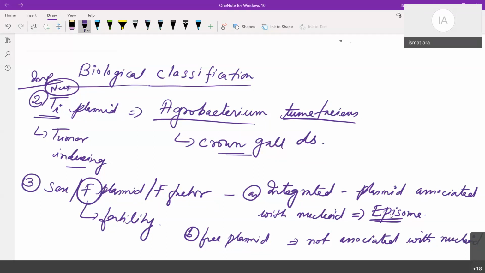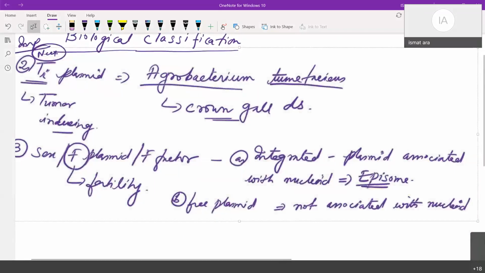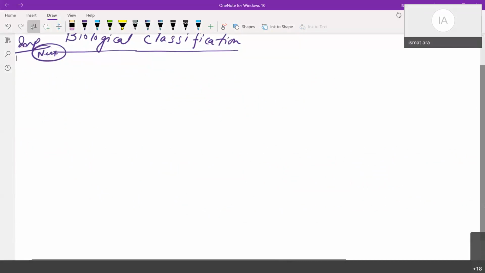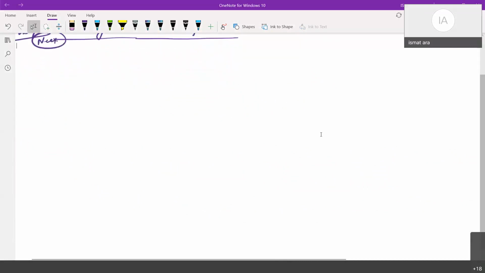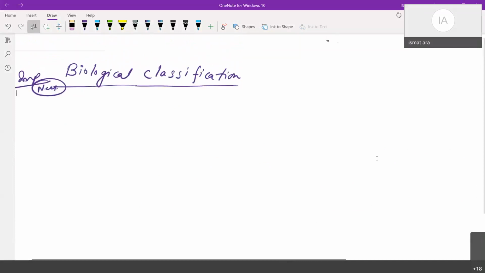And the fourth category is the col plasmid.